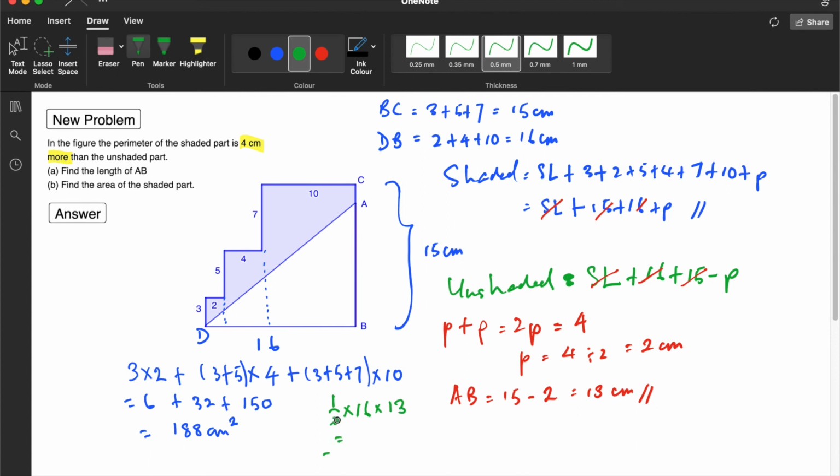This simplifies to 8 multiplied by 13, which is 104 centimeters squared. So the area of the shaded part will simply be 188 minus 104, and we get 84 centimeters squared. That's the final answer for part B.